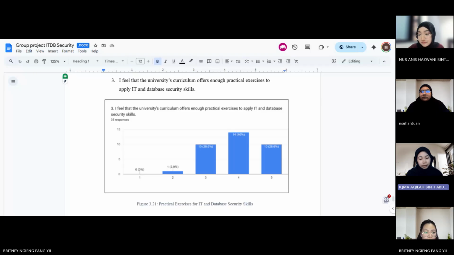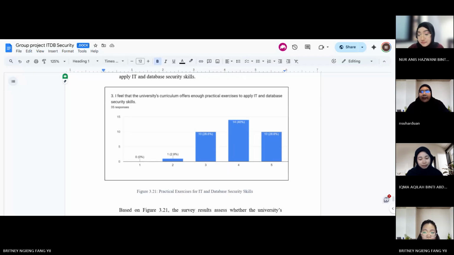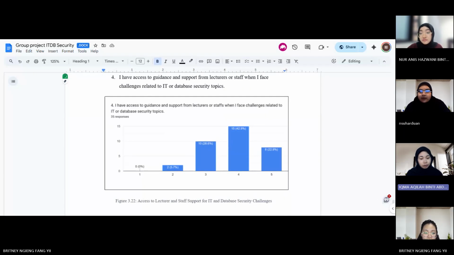For question 4, according to figure 3.22, which examines whether students receive guidance and support from lecturers or staff when facing challenges related to IT or database security topics, the survey collected responses from 35 UTM students.